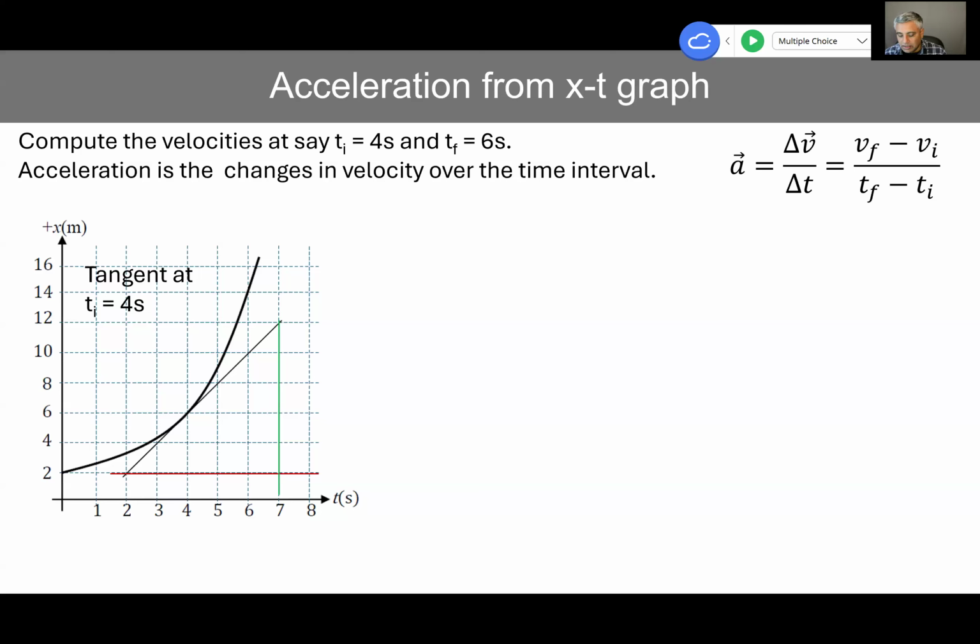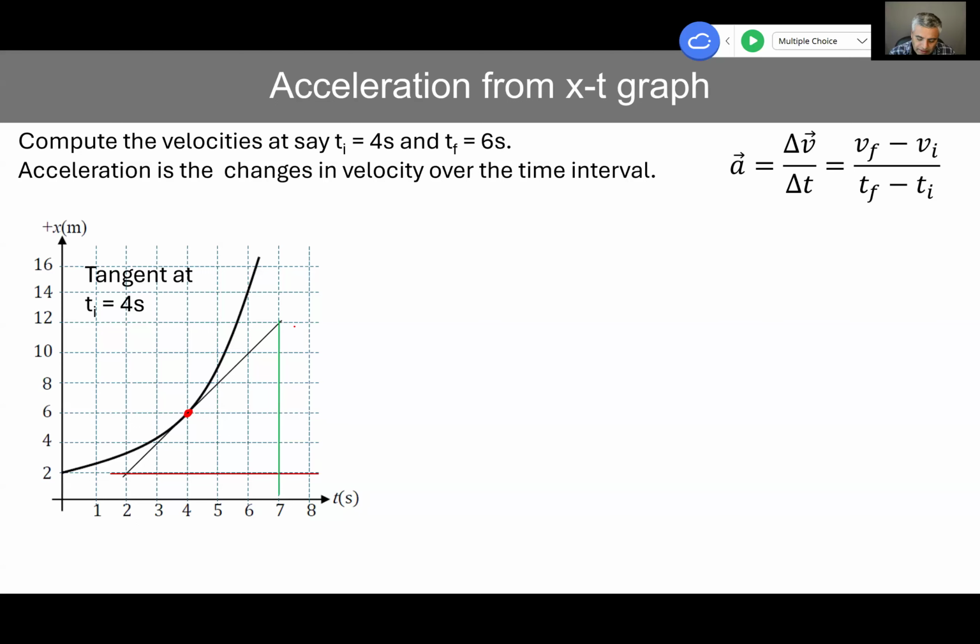So I talked about how you can tell about the acceleration from a position versus time graph. Here I'm just repeating the same thing, right? It says compute the velocities at 4 second and 6 second. And acceleration is the change in velocity over the time interval. At 4 second, I have drawn the tangent line, and this is basically cropped from my note.